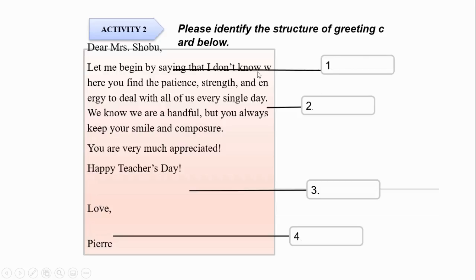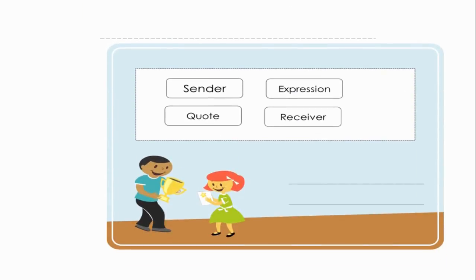We ask the students to identify what the first sentence could be called, and then what about the second? For example, "We know we are a handful, but you always keep your smile and composure." It could be called something like that. So in these activities, we as teachers want to achieve identifying the structure of a greeting card.